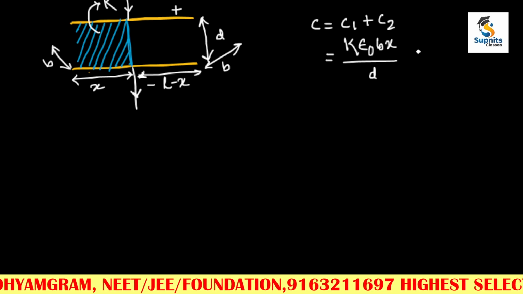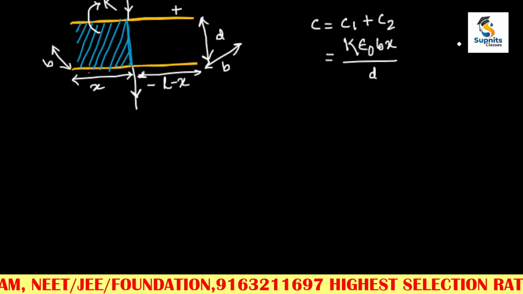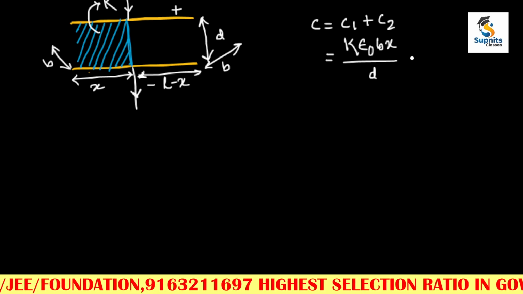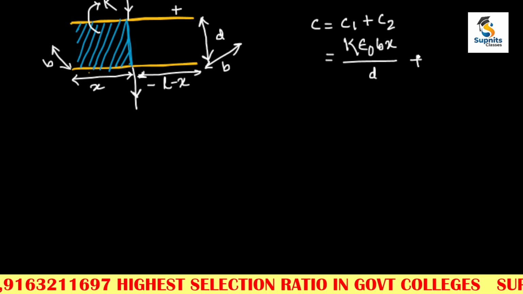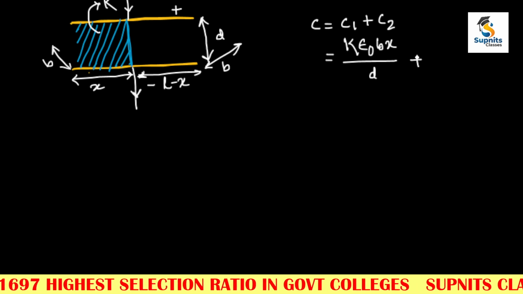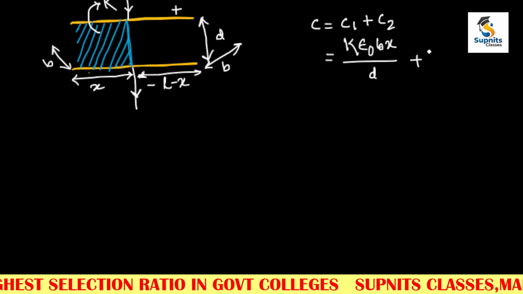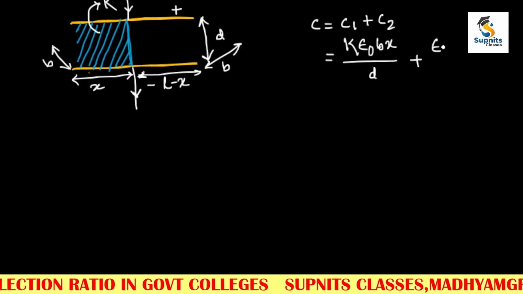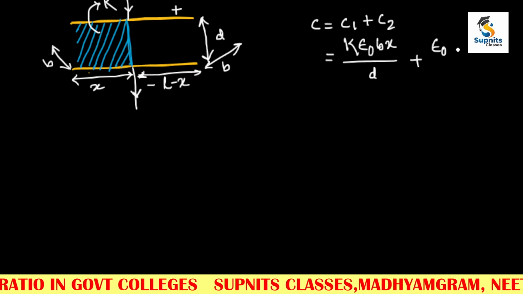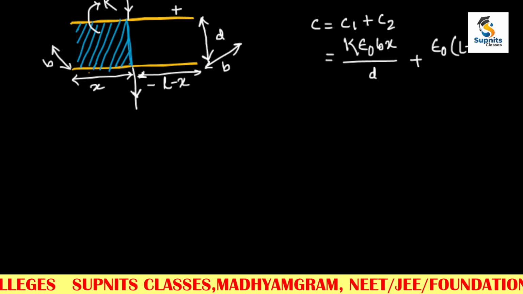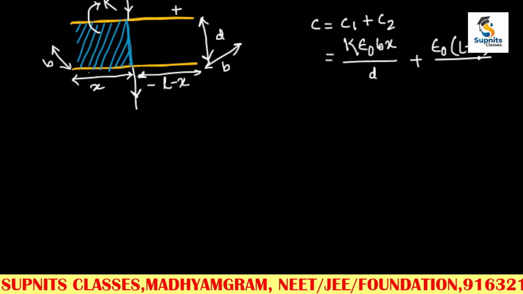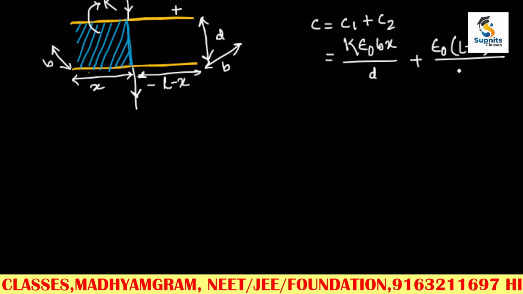Okay, so now let us go for the other part, now the L minus x part, that is the C2. In case of that one, there will be no K, right? There will be no K, epsilon naught into (L minus x) into b divided by d, the width is the same.